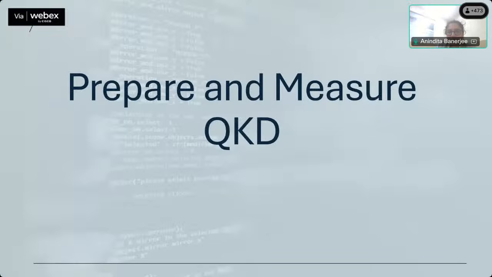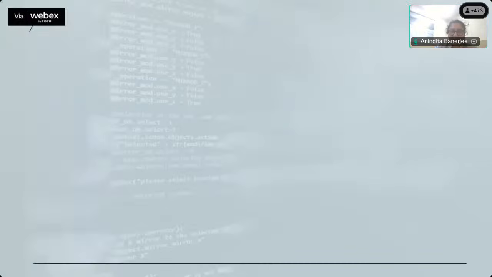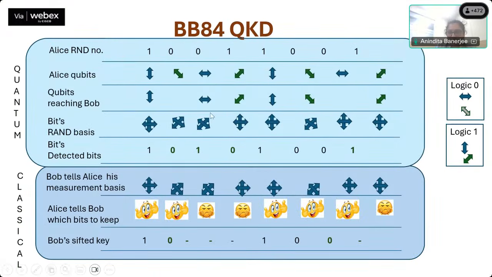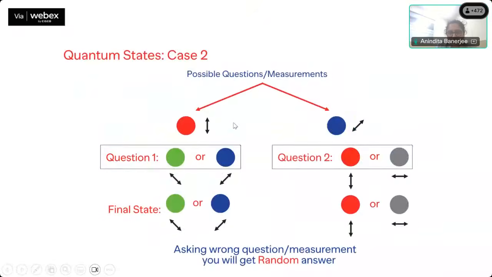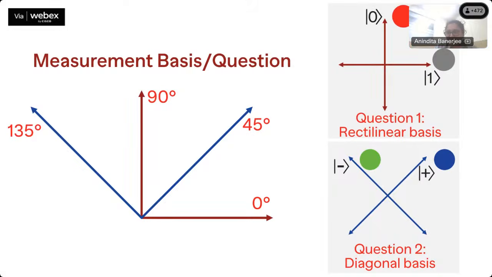Another prepare and measure protocol is B92, the Bennett 92 protocol. In BB84, you had seen 4 non-orthogonal states used: ket 0, ket 1, ket plus, ket minus.